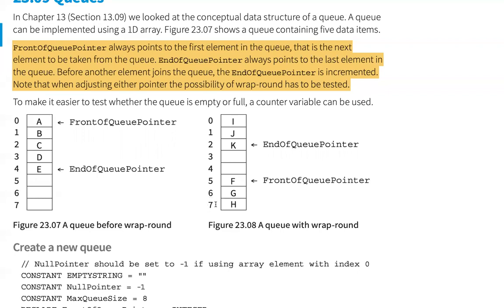So I should wrap around, in which case my end of queue pointer will come back up to 0. Now I will assign that element here. Now I added I, and my end of queue pointer is pointing towards index position 0.